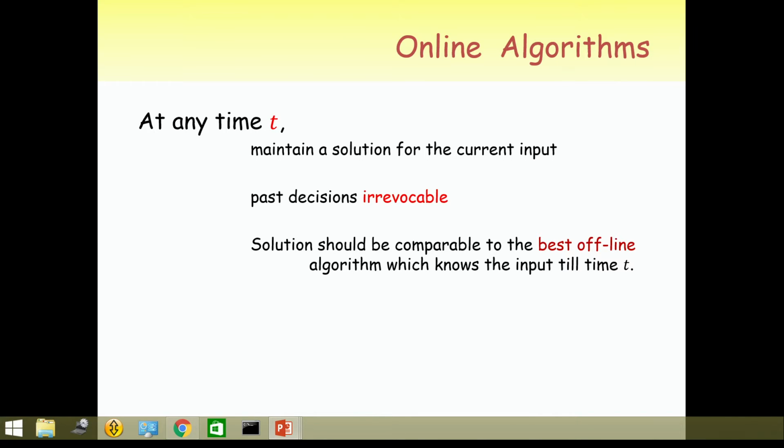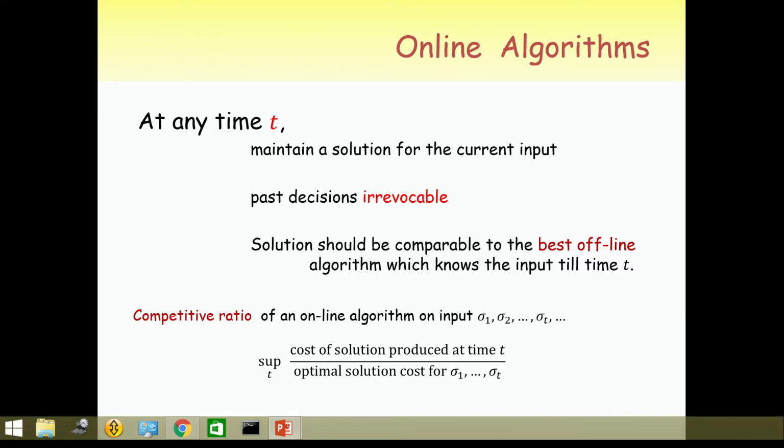The way I analyze my algorithm is by comparing it with something which knows the entire input in advance. So we look at the best offline algorithm, and I should be comparable to that. Then I define the competitive ratio of an algorithm on an input sequence as the cost of my solution compared to the cost of the optimal solution.